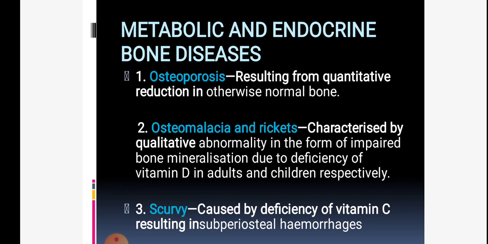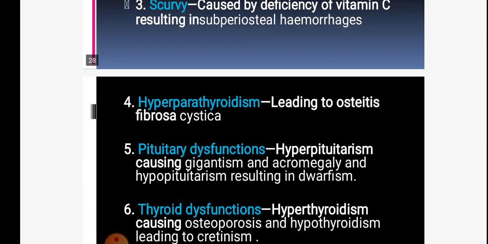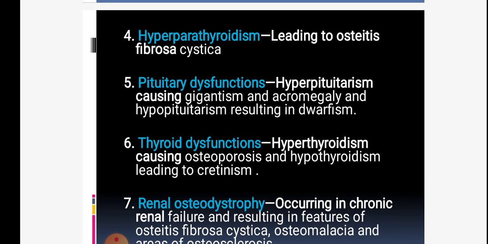Scurvy is caused by deficiency of vitamin C resulting in subperiosteal hemorrhages. Hyperparathyroidism leads to osteitis fibrosa cystica. Pituitary dysfunctions: hyperpituitarism causing gigantism and acromegaly, and hypopituitarism resulting in dwarfism.